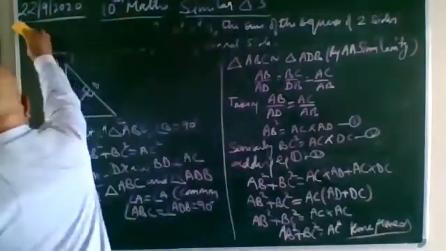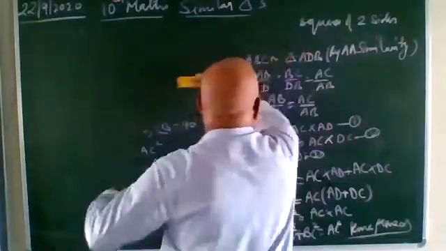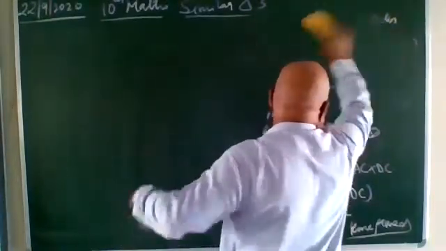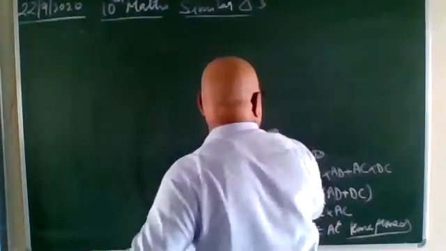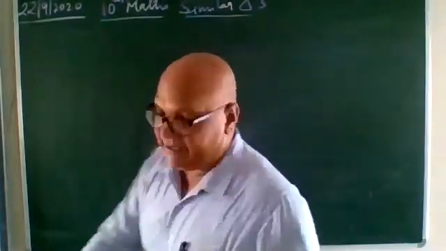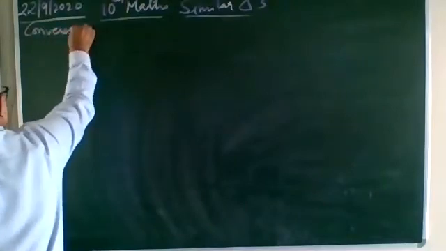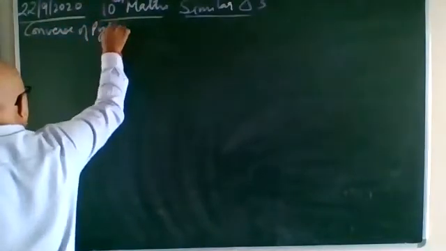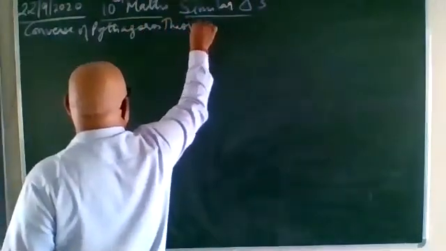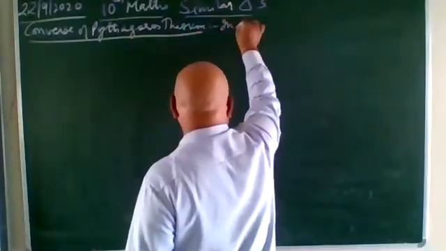Now second theorem comes. Second theorem, converse of Pythagoras theorem. This is in a triangle.